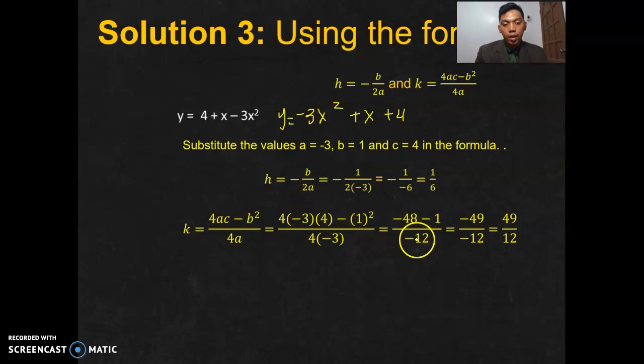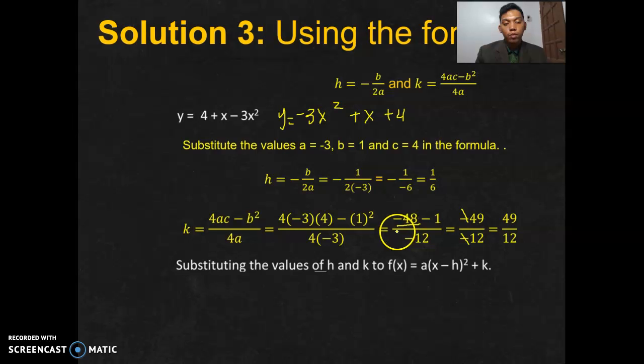So this is basically negative 48 there. Negative quantity 1 squared is negative 1, all over negative 12, because 4 times negative 3 is negative 12. So negative 49 over negative 12, which, if you cancel this out, becomes 49 over 12.